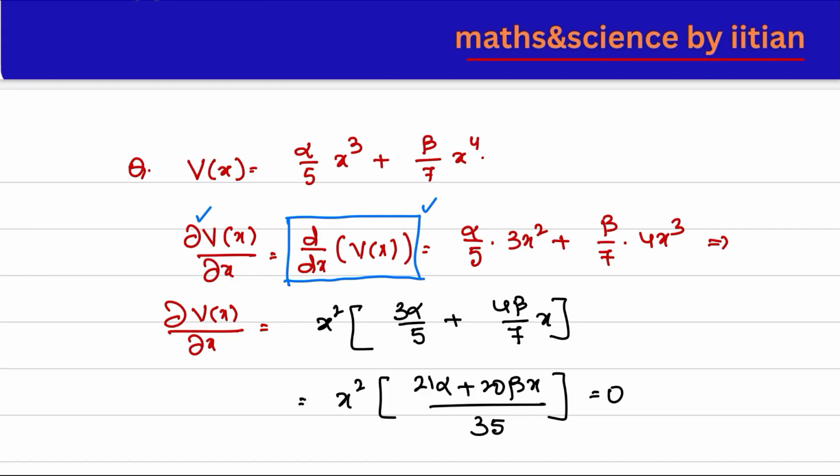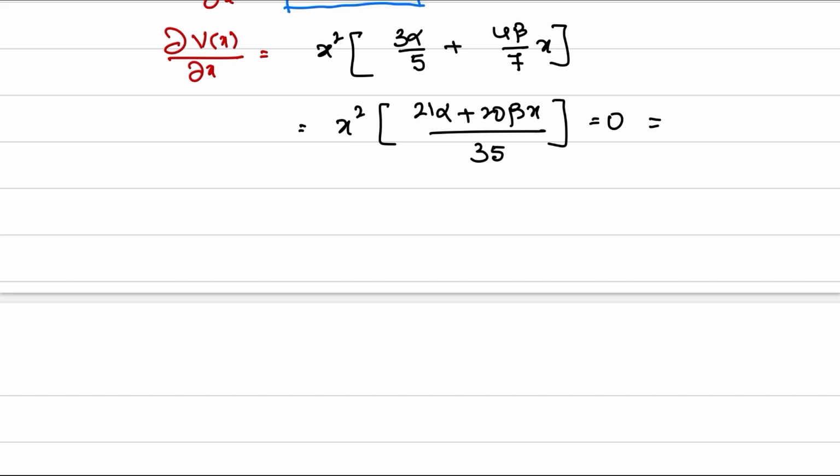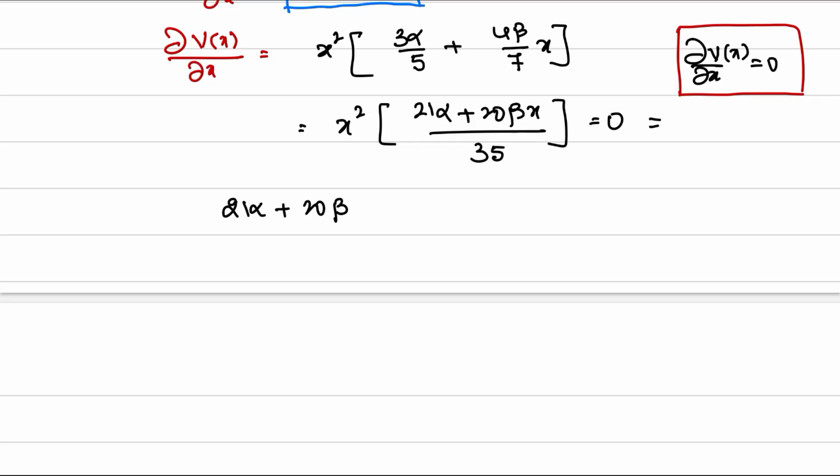This should be equal to 0 for equilibrium conditions. That means dou V by dou x should be 0 for equilibrium conditions. Please remember this condition under equilibrium. Now, this equation becomes 21 alpha plus 20 beta x equal to 0. That is one condition, or x is equal to 0.